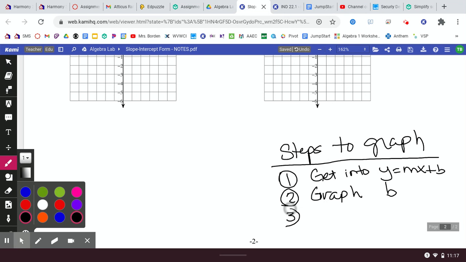And step 3, you're going to move with your slope. And then step 4 is you're going to actually draw your line. And I'll wait a minute to make sure you get those 4 steps written in your notes, because you'll follow these steps every single time. You got them, Bryce? You got all the steps written down? Okay.